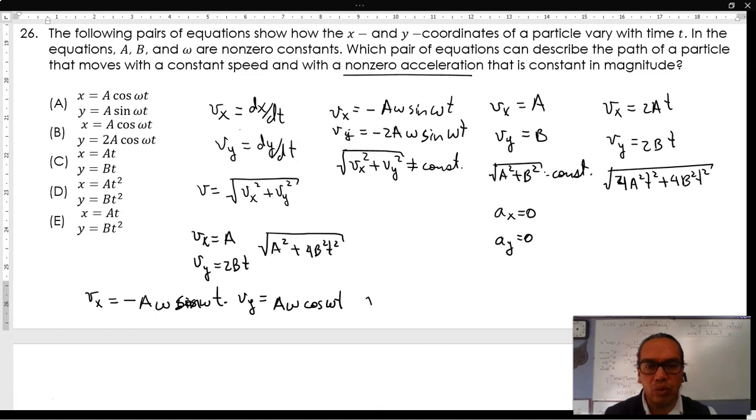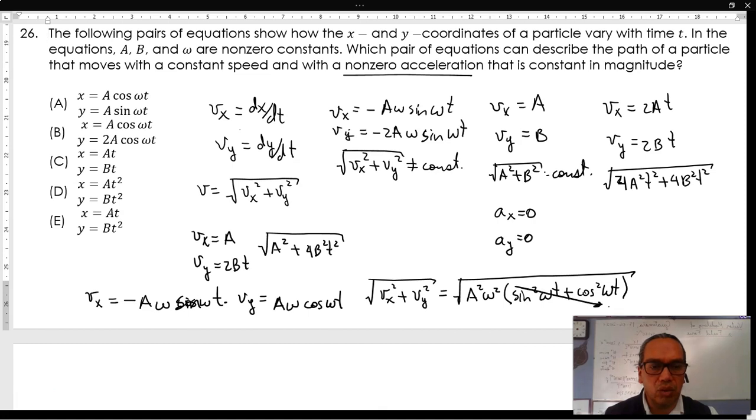And if you do the speed by taking Vx squared plus Vy squared, then you're going to end up with the square root of a squared omega squared times sine squared of omega t plus cosine squared of omega t, and according to trigonometry, that parenthesis is actually equal to 1. So what we have here is the constant a omega.